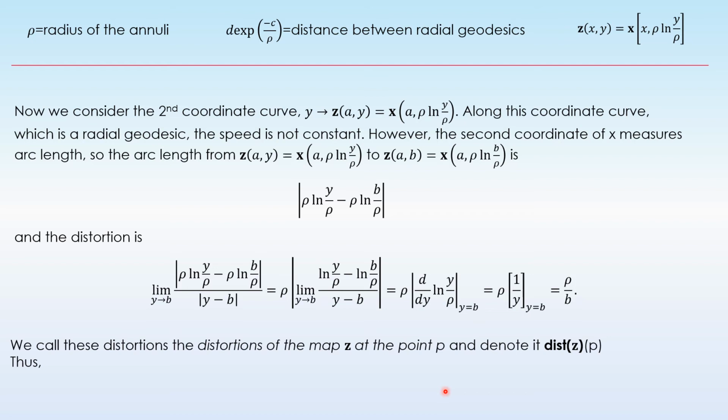But if you look inside the absolute value, that limit is just the definition of the derivative of the natural log of y over ρ. Since we are evaluating this at y equals b, the derivative of the natural log of y over ρ is just equal to 1 over y. So we have ρ times 1 over y, where y equals b. So again, we have our desired result, that the distortion is equal to ρ over b.